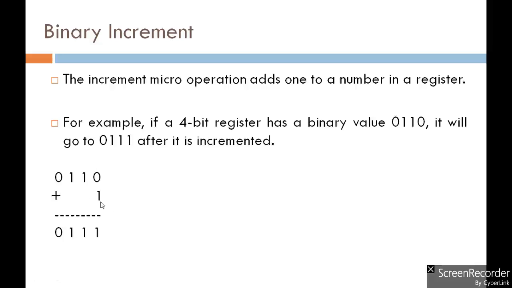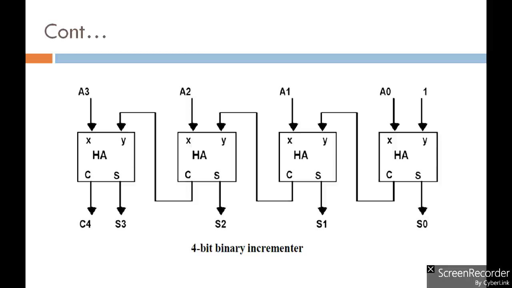If it generates a carry, that means if here I have 0111, then 1 plus 1 will generate 0 carry 1, and again it will do the addition of 2 bits. So we can say from this example that at a time 2 bits are being added.